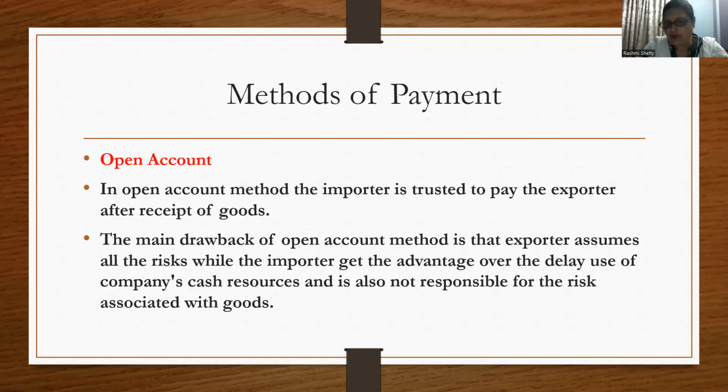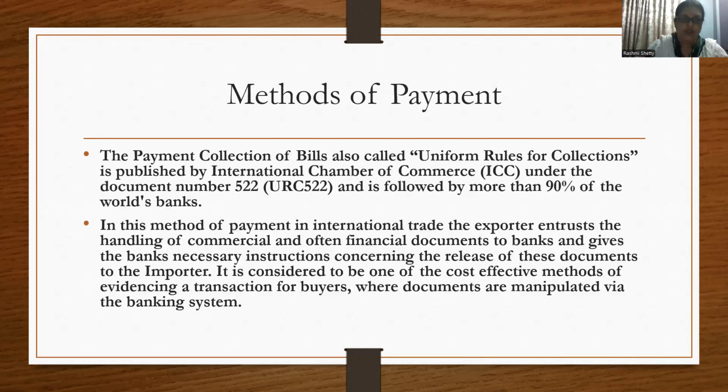But the main drawback of open account is that the exporter assumes all the risk, while the importer gets the advantages of the delay in the use of the company's cash resources, and is also not responsible for the risk associated with the goods. So this method of payment is not normally followed by exporters as well as importers.